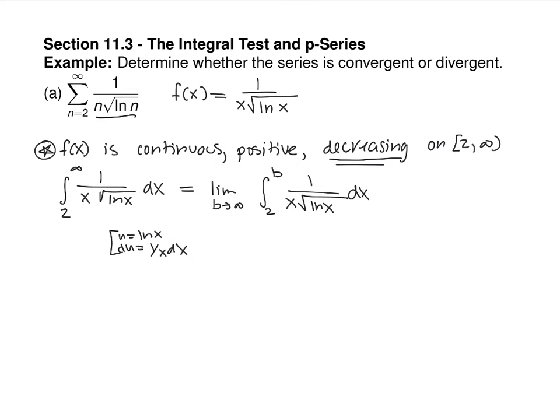You also need to change your bounds. If x equals 2, u will equal ln of 2. And if x equals b, u is equal to ln of b. So our integral is a limit as b goes to infinity, integral from ln of 2 to ln of b, u to the negative 1/2 du.